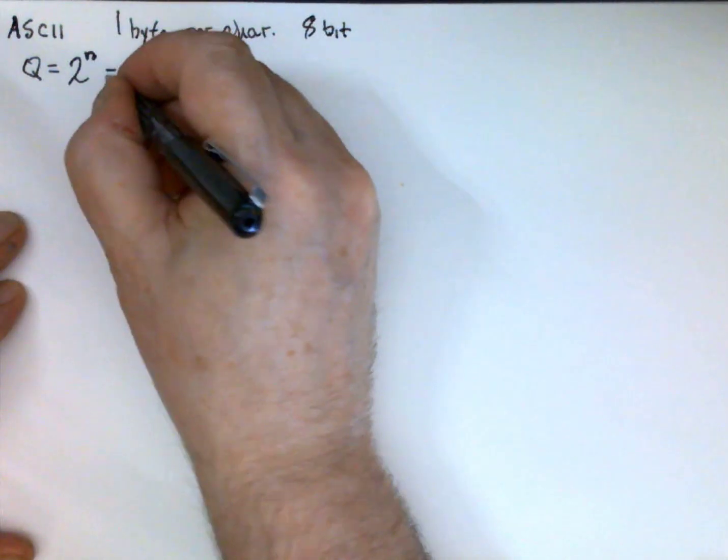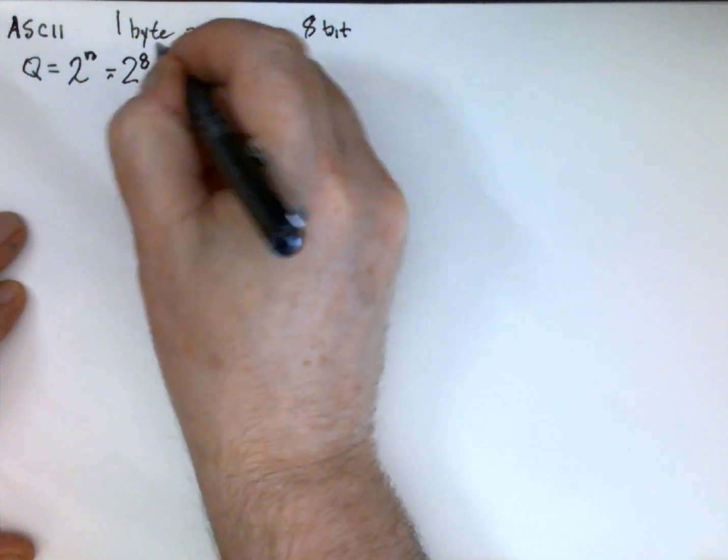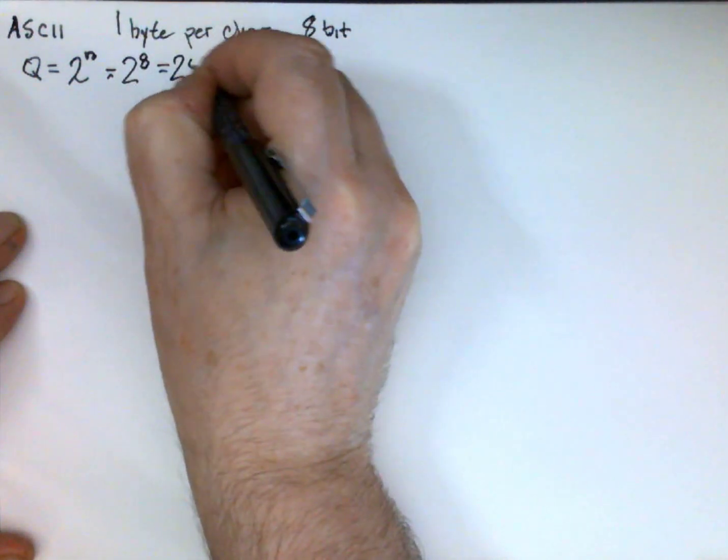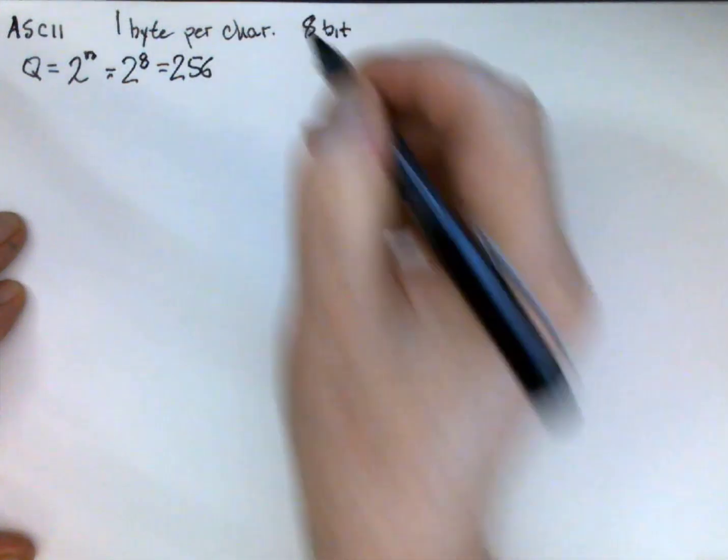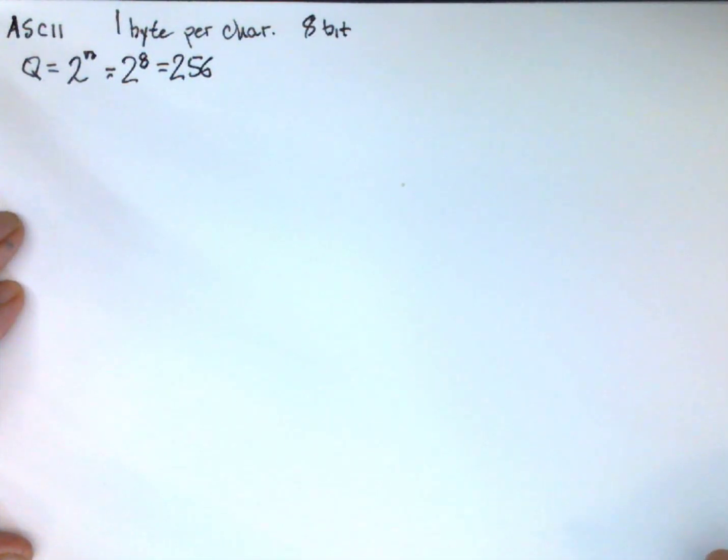So that will be 2 in the power of 8, which is 256 variations. That is the number of symbols, the number of characters in the English language. That includes capitals, small letters, service symbols, punctuation, and so on. Totally 256 symbols, the entire keyboard.